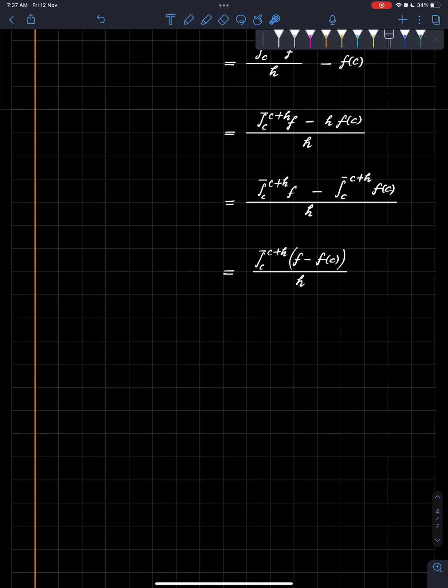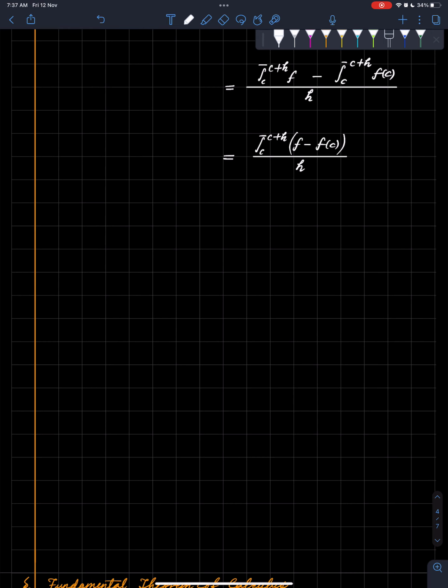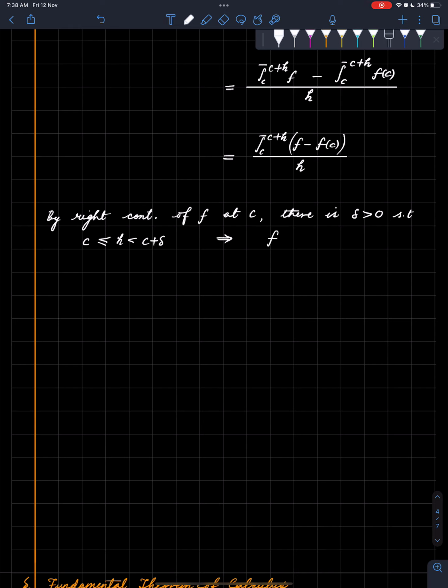And now we will use right continuity of f. We have some epsilon greater than 0; by right continuity of f at c, there is delta greater than 0 such that whenever h is in this right delta neighborhood of c, we have f of c plus h minus f of c.